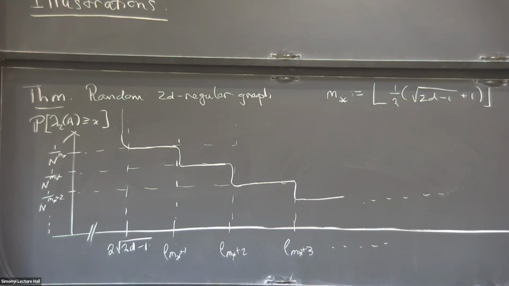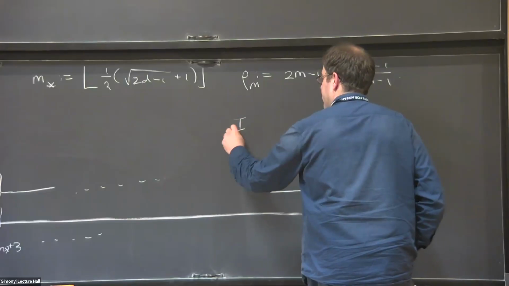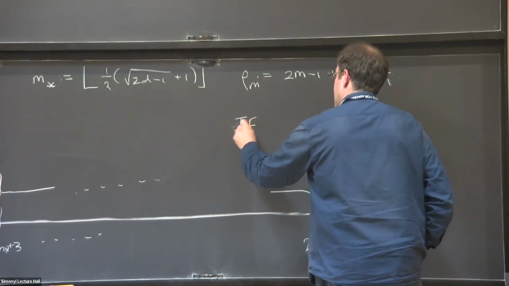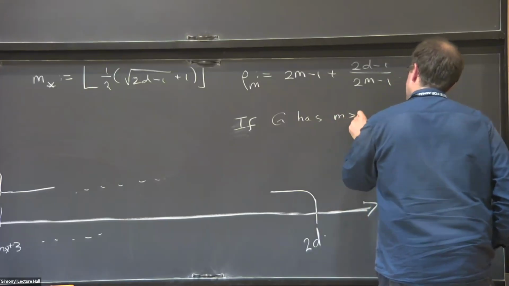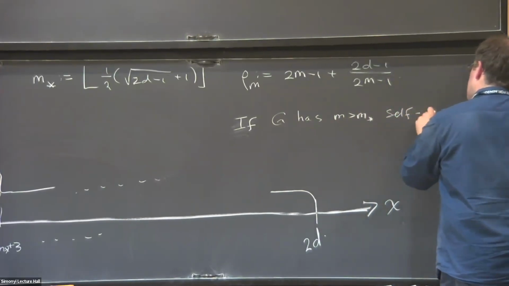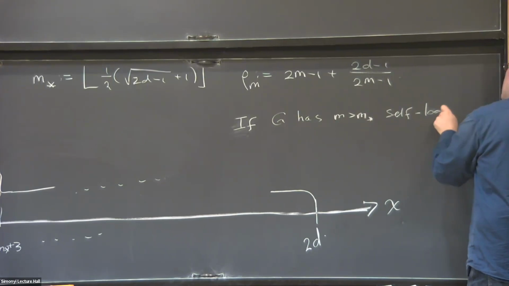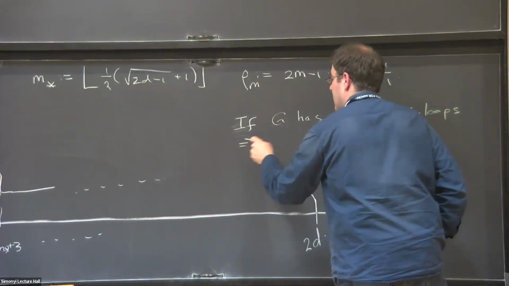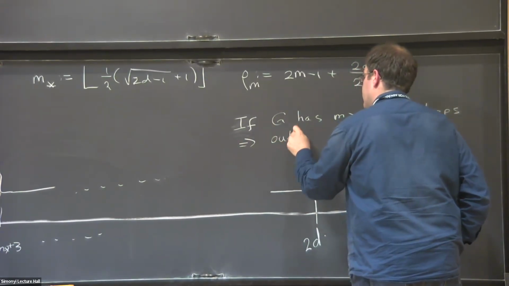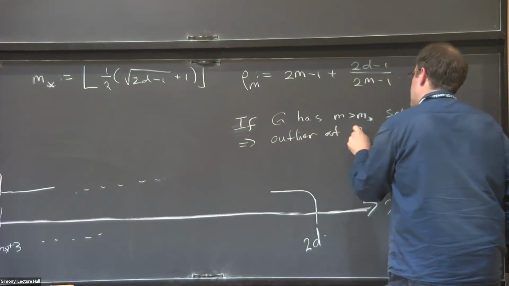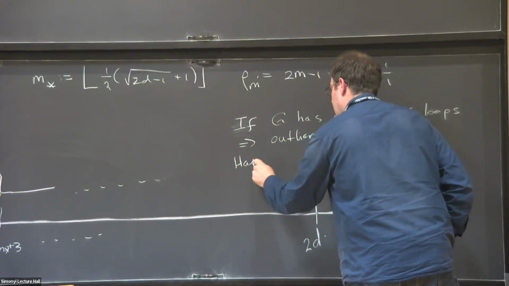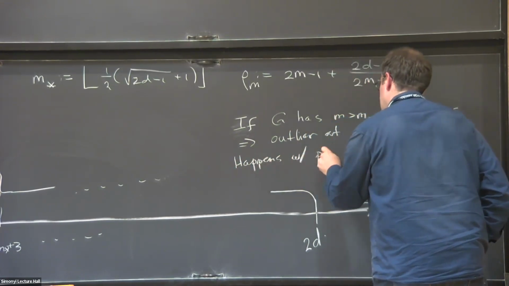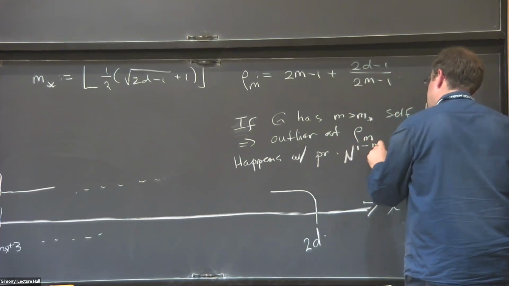So the explanation of this picture is that if the random graph has m greater than m star self-loops on some vertex, then there exists an outlier in the spectrum at rho m. And this happens with probability n to the 1 minus n.